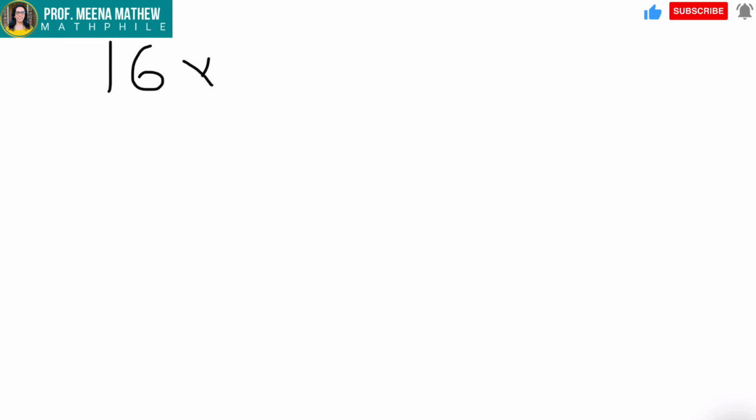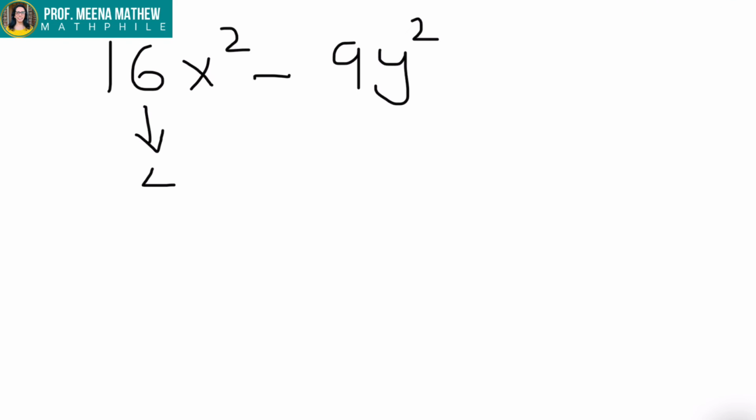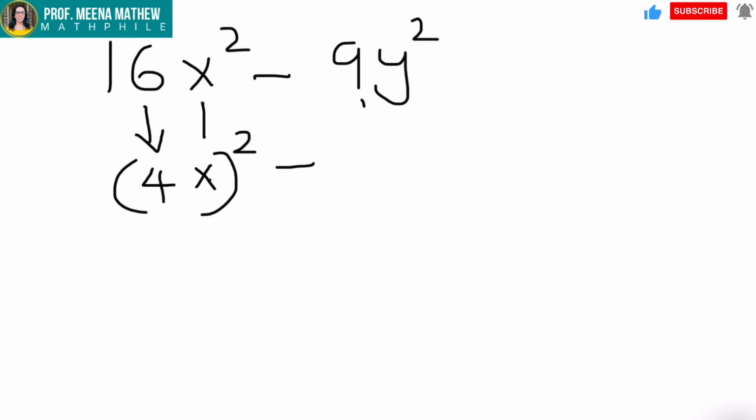16x square minus 9y square. So we know that square root of 16 is 4 and square root of x square is x. So the square root of 16x square is 4x to the power 2, minus, we know that square root of 9 is 3, square root of y square is y, and then take the square.